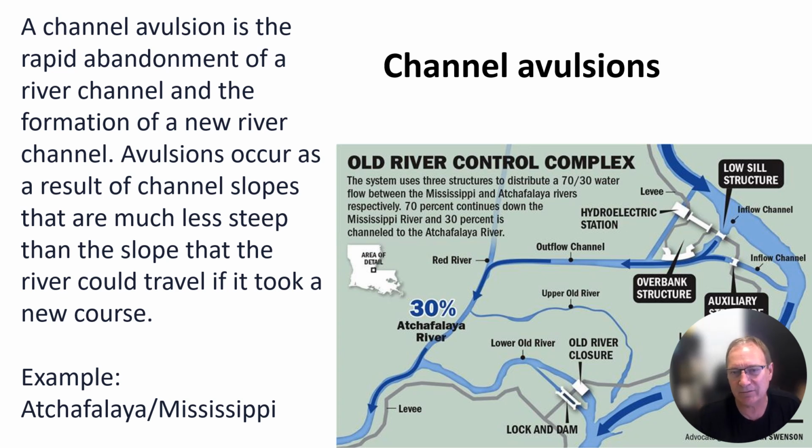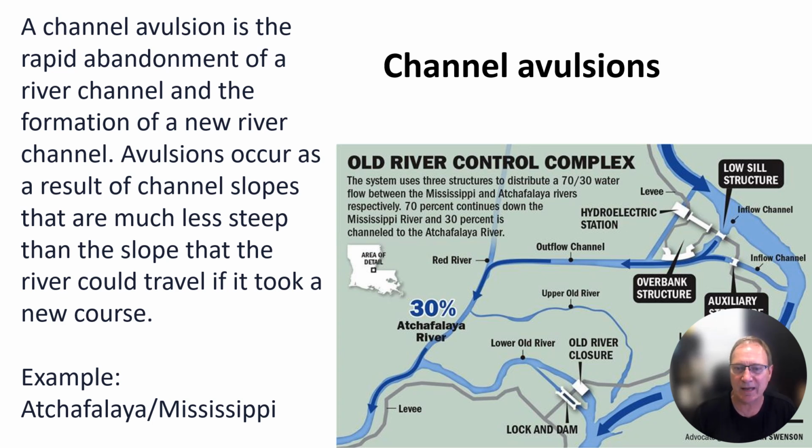Just understand that flood control complex that's there, and it's north of Baton Rouge, purposefully controls how much water goes down the Mississippi and how much water is diverted over to the Red River and the Atchafalaya River. That outflow channel right now, by designation, receives about 30% of the water from the Mississippi River. The other 70% stays within the Mississippi River.